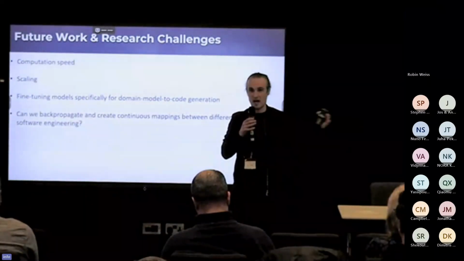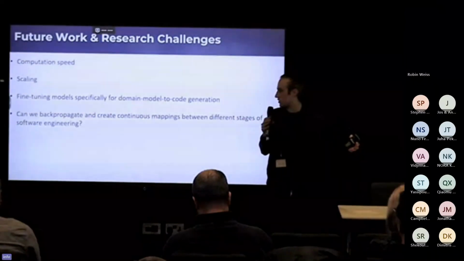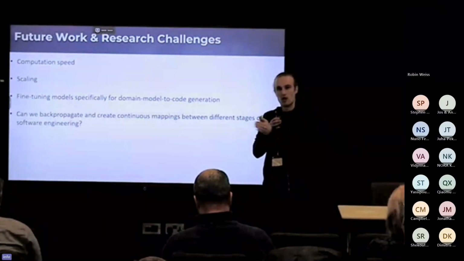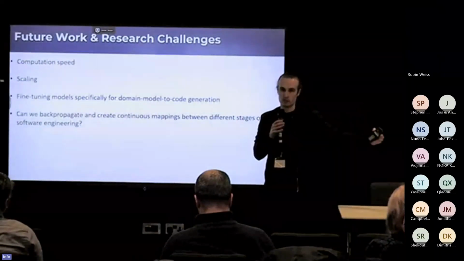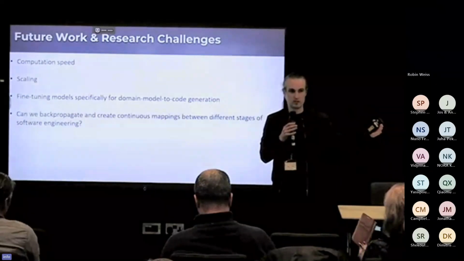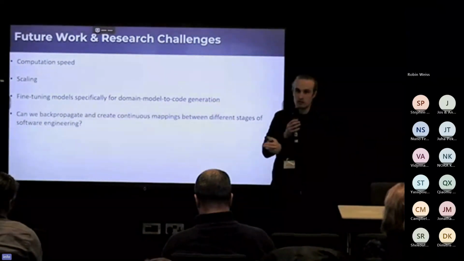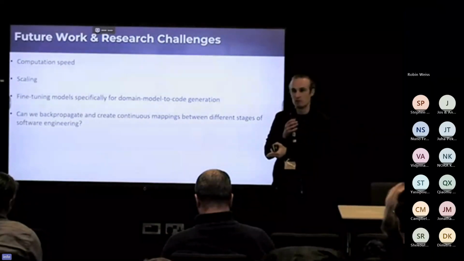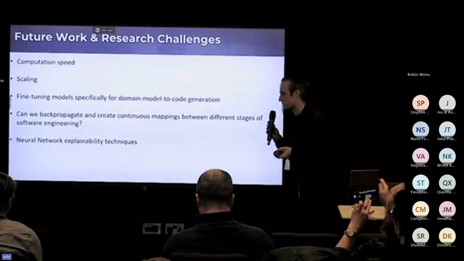Can we step through the entire software cycle in a continuous way and say which bits of our end code or our tests came from this bit of our model or came from this requirement? And similarly, if we want to update in the future, if our requirement changes, can we step through and say, based on what we know of these gradients, what impact will this have on our entire system? Again, getting into the future, but it's potentially the direction things are going.